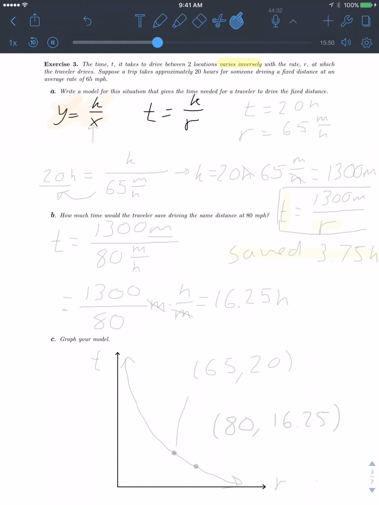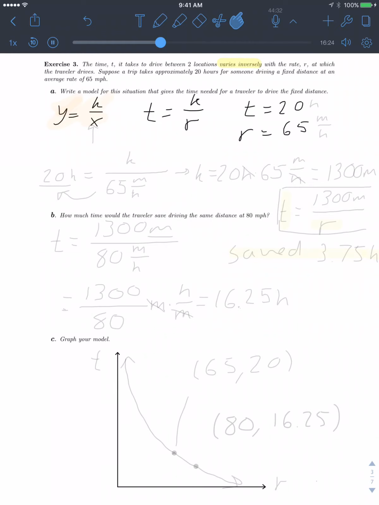Now in our second part of the question setup, we are told that it takes approximately 20 hours, so t would be 20 hours, to travel the distance at an average rate of 65 miles per hour. So our rate would be 65 miles per hour.